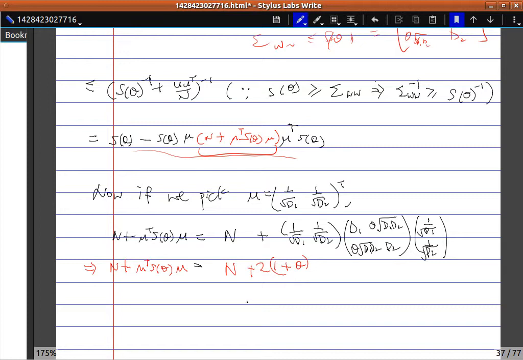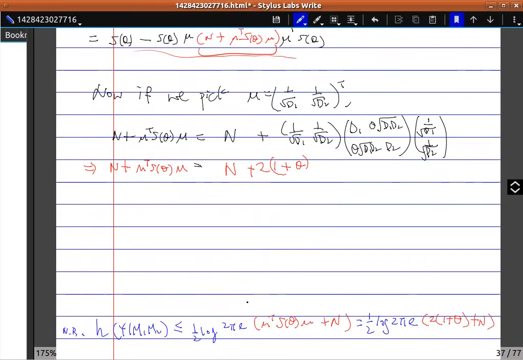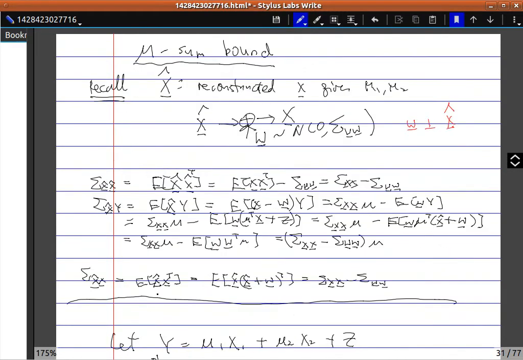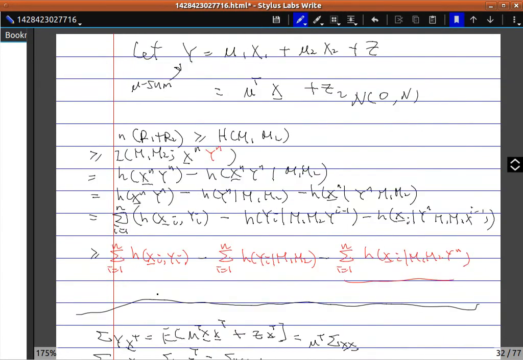And by the way, we actually have the same kind of expression inside one of the terms we want to find, that h of y given m1, m2. So that term will be quite a bit simplified also. That's one of the three terms. If you remember, we have three terms here for the mu sum bound.